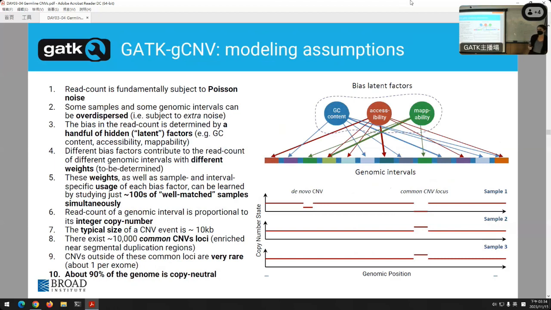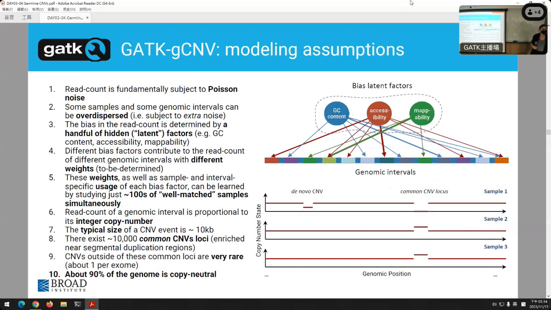So we call those latent factors. Some examples that are listed here are GC content. This has come up before, that can influence how well you're able to sequence a region. Accessibility of the chromatin. If the chromatin is more open, then you're more easily able to sequence that region. And mappability is another potential factor here.